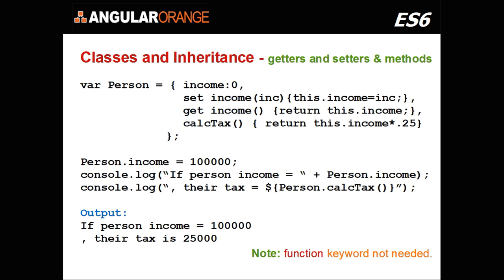If person income is 100,000, comma, their tax is 25,000. Thank you, IRS. Okay, so the function keyword is not needed in function calls.